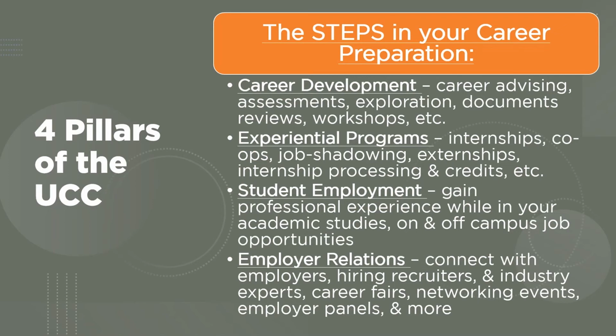Career development, we help with career advising, assessments, exploration, documents, reviews, workshops, etc. Experiential programs, they help with internships, co-ops, job shadowing, externships, internship processing and credits, etc. Student employment will help you with gaining professional experience while you're still doing your degree, and employer relations will help you connect with employers, and also they help with the career fairs, networking events, employer panels, and more events as well.